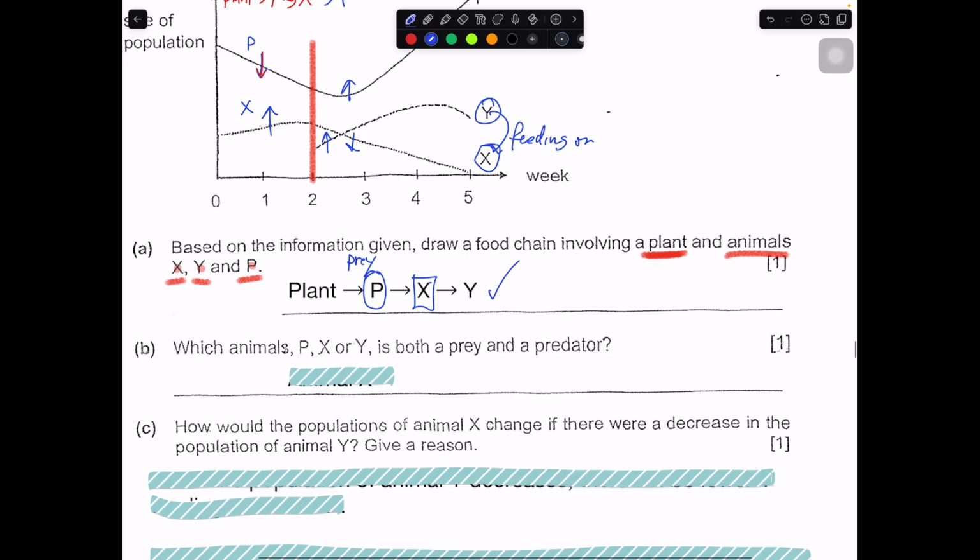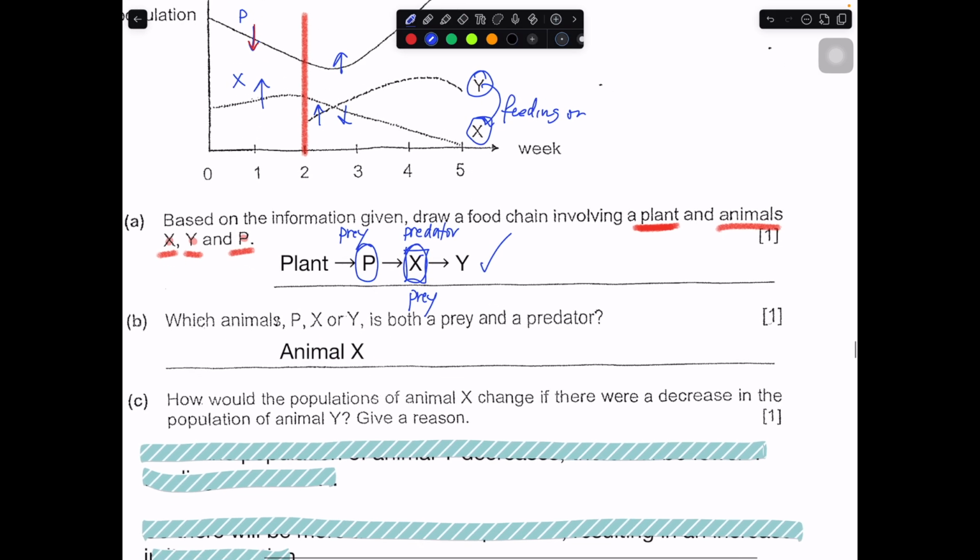This one is both a predator and a prey: it is a predator because it feeds on P, and a prey because it is eaten by Y. So X is the only one that is both prey and predator. Y is not. Y is a predator only, or at least in this food chain.